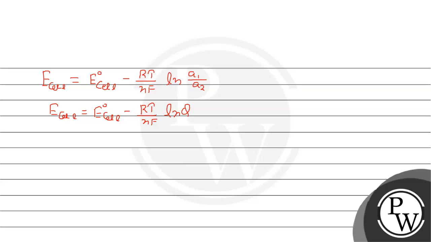Since in case of a concentration cell, both the electrodes and the solutions are the same, only their concentrations are different, E0 cell will be 0. Why? Because E0 cell does not depend on concentration. It only depends on the material that we are using. E0 cell is concentration independent. That's why it equals 0.